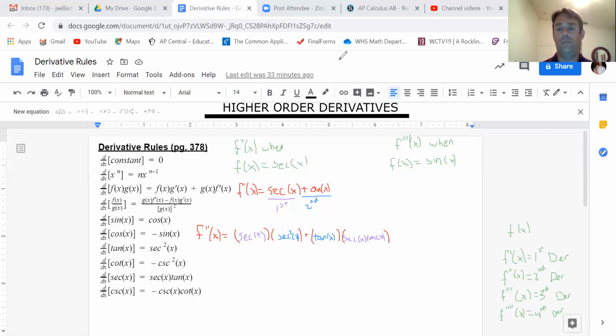What about this other one? What would that be? Now let's try it. First derivative. So the derivative of sine would be cosine. I'm pretty good at that one. Second derivative of cosine would be negative sine.